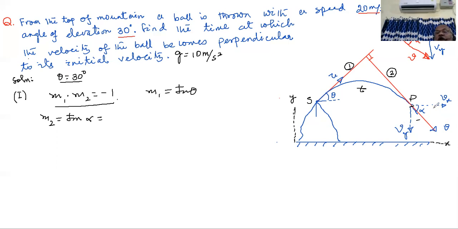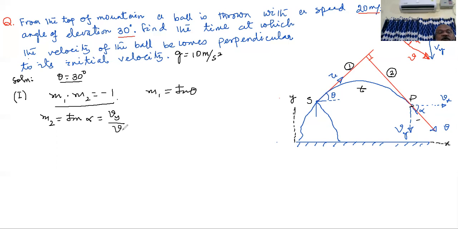And if you try to present Vx, Vy and V in a vector triangle, then the things will be coming in that way. And this angle is alpha. Tan alpha, as it seems, is the ratio of Vy by Vx.